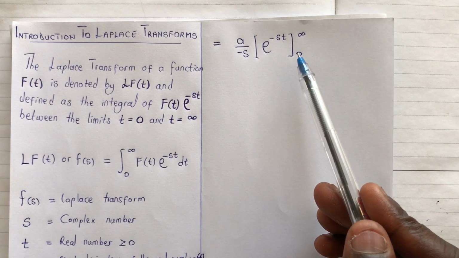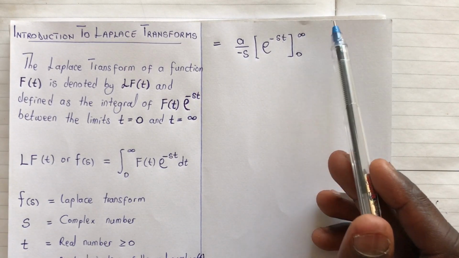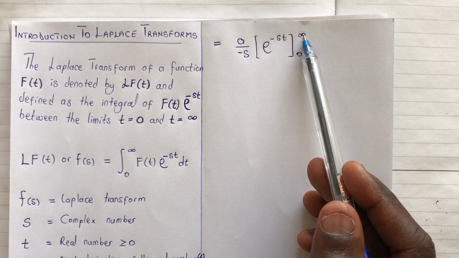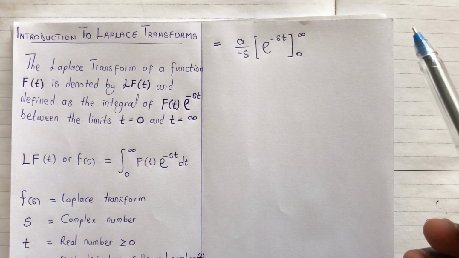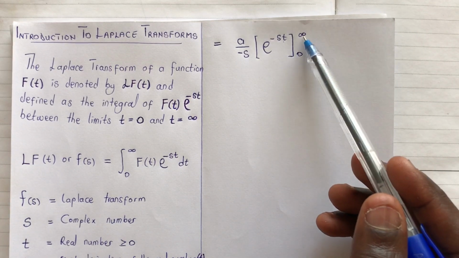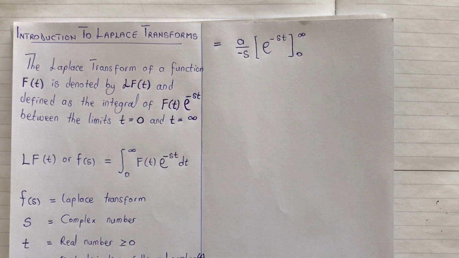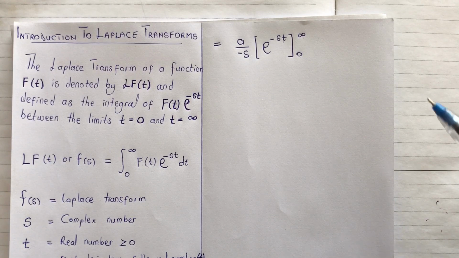Now we introduce the lower and the upper limit. Now remember that these lower and upper limits are real values, and this belongs to t. So from integration, all you need to do is introduce the upper limit minus the lower limit. Remember, upper limit minus the lower limit.